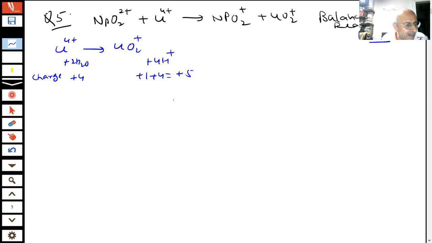Which side will you add the electron? U4+ plus 2H2O gives UO2+ plus 4H+. So this is plus 4, this is plus 5. One electron. What is the other side?